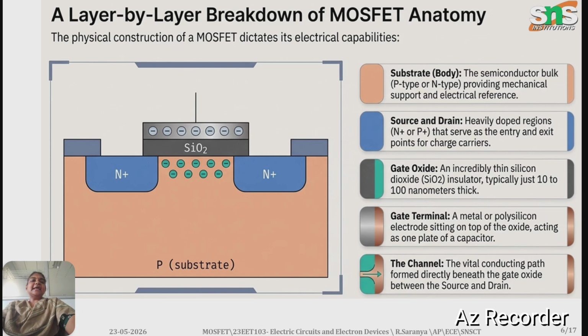They serve as the entry point and exit point for the charge carriers. Next is the gate oxide, and next the gate terminal. The gate terminal is a metal or silicon electrode sitting on top of the oxide, acting as a plate of a capacitor. The channel, the vital conduction path, is formed beneath the gate oxide between the source and the drain.